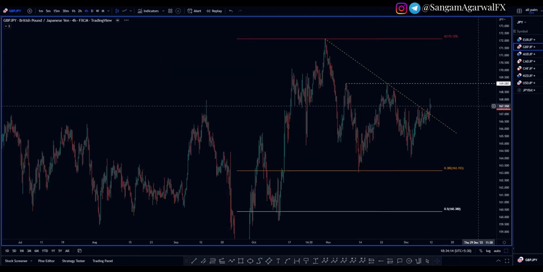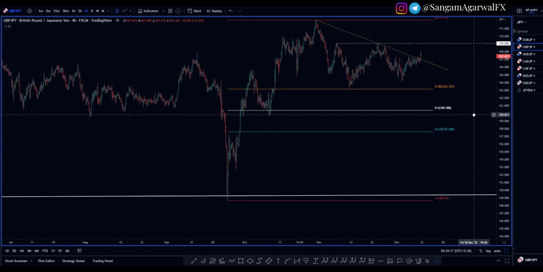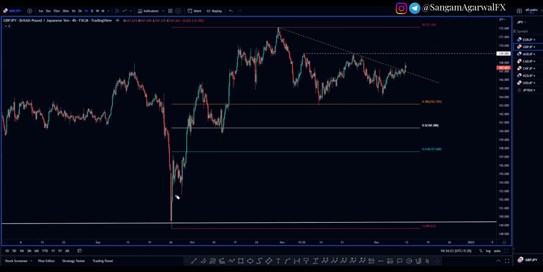And if we go to the H4 time frame and focus only on this last wave, because when this high was made, every central bank was hiking interest rates, that means QT monetary policy. But when this low was made, there was a crisis in the UK.